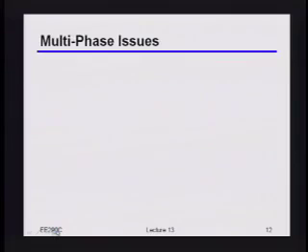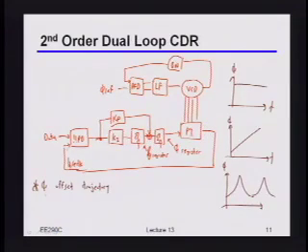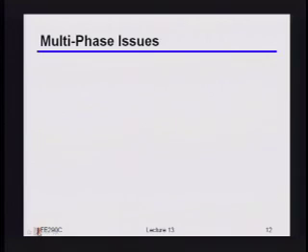Now, there's a couple of interesting practical issues. So far I keep drawing this loop as if there's really just one output from that phase interpolator. To be totally fair, even our standard setup probably actually has two outputs, right? Because usually the way we do that bang-bang CDR, at least if I have a full rate system, is I have clock, and then I use clock bar for my edge samples, right?